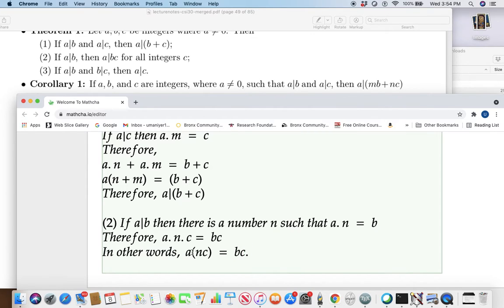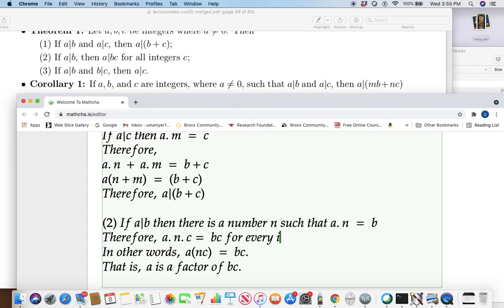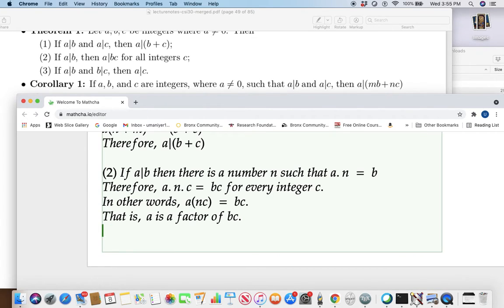In other words, A is a factor of BC. That's what it means to say. And this happens for every integer C. Alright. A is a factor of BC. Hence, A divides BC for all integers C. Okay, that was the second one.